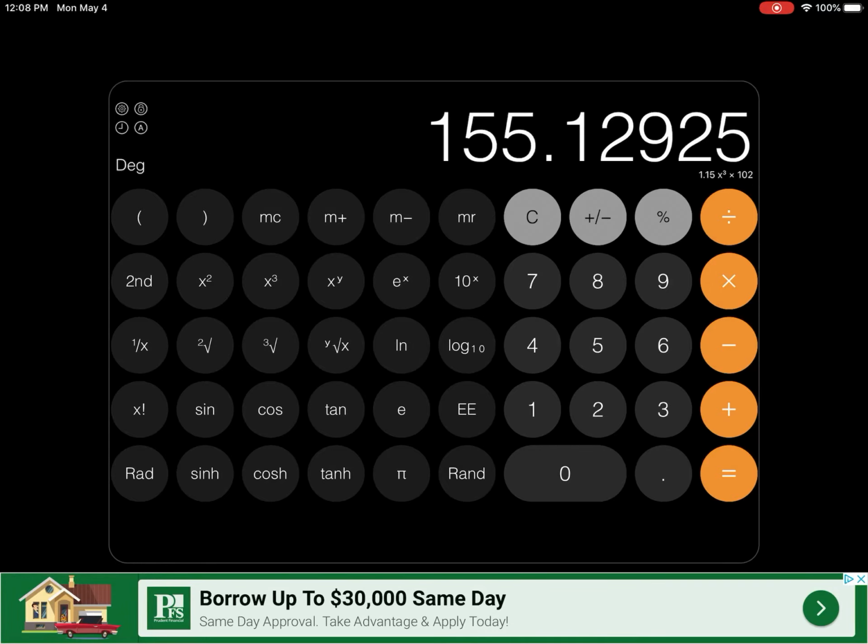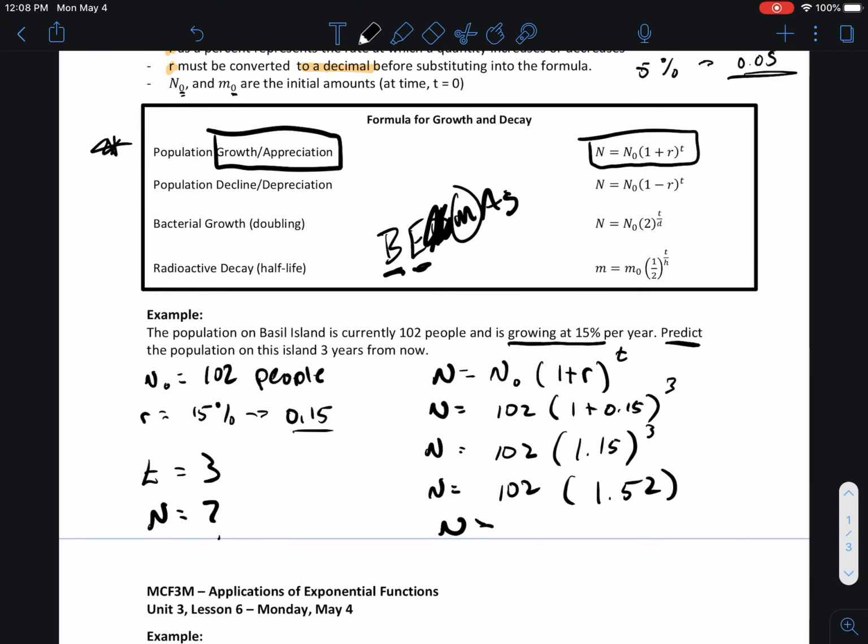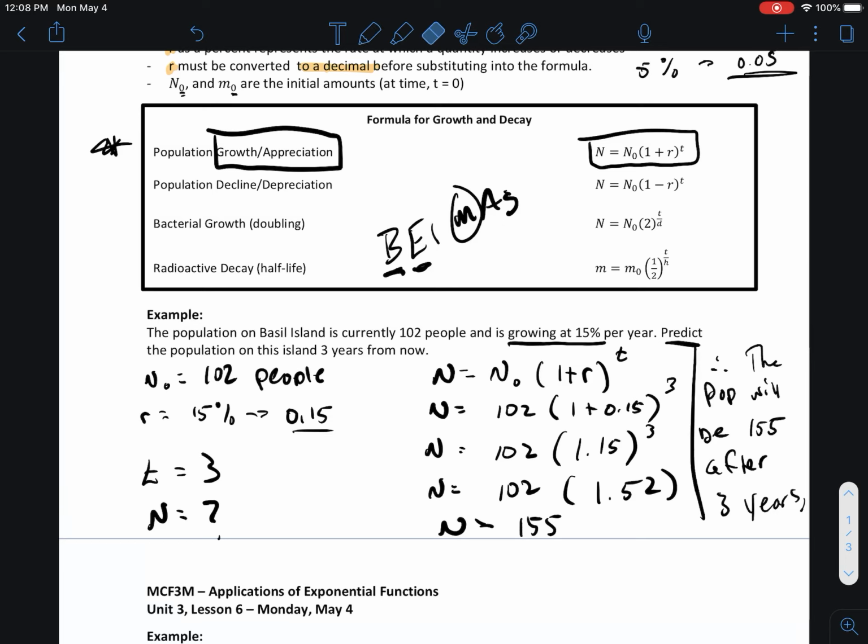Okay, and then so the answer is going to be 1.52 multiplied by 102. 155. Okay, and then you could write a little therefore statement that said, therefore the population is 155 after 3 years.